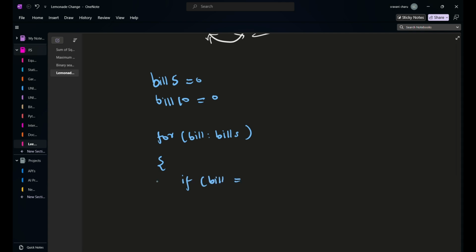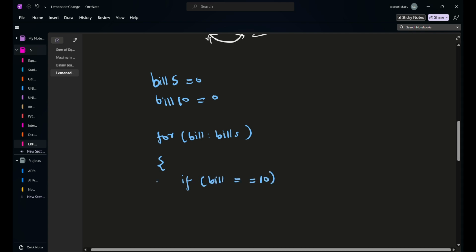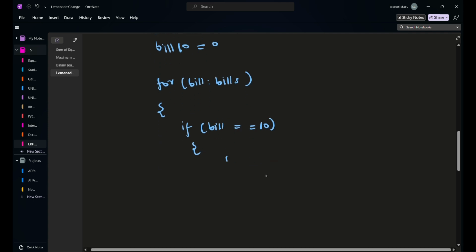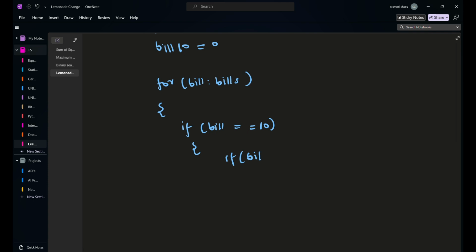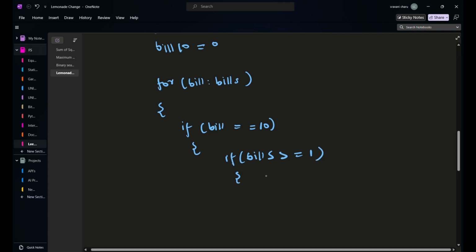If bill equals 10, then we have to check if bill5 is greater than or equal to 1. Then if it's greater than or equal to 1, then bill5 minus equal to 1.